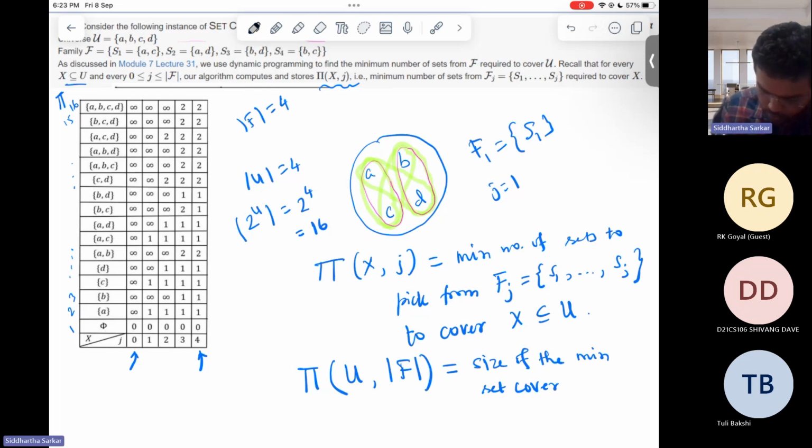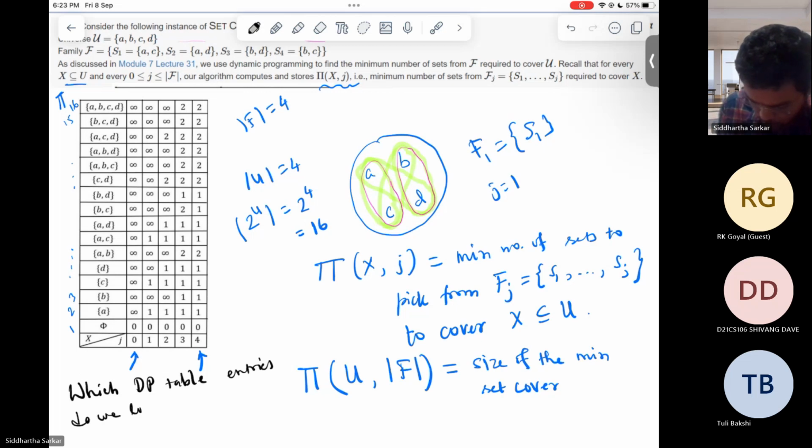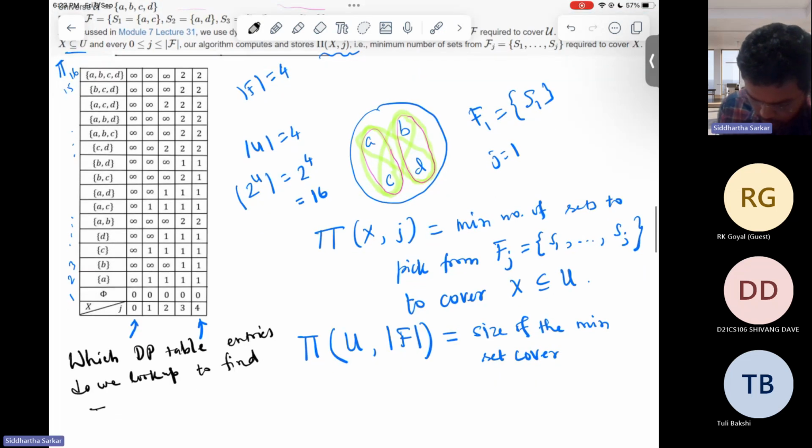The question is, which DP table entries do we look up to compute or to find the entry corresponding to the subset ACD and the index 3? So that is the question.